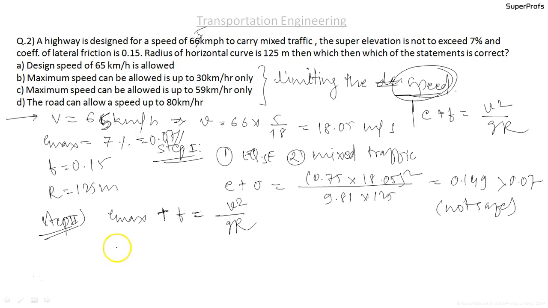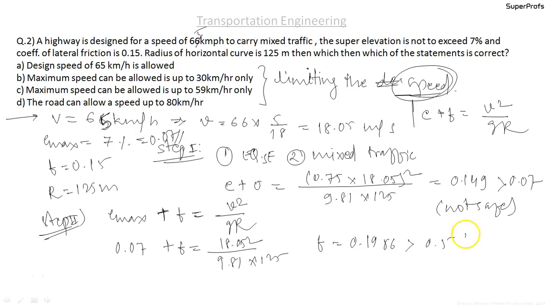Okay, so Emax is 0.07 plus F equal to 18.05 square upon 9.81 into 125, which gives F equal to 0.1956, which is greater than 0.15, which is again not safe.